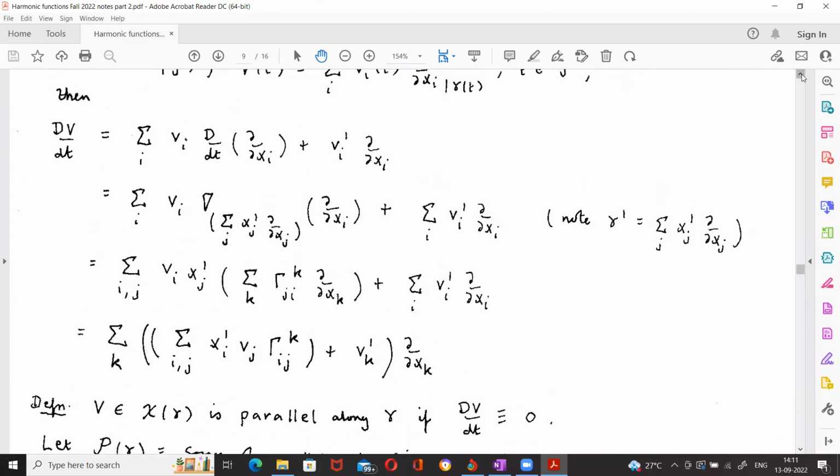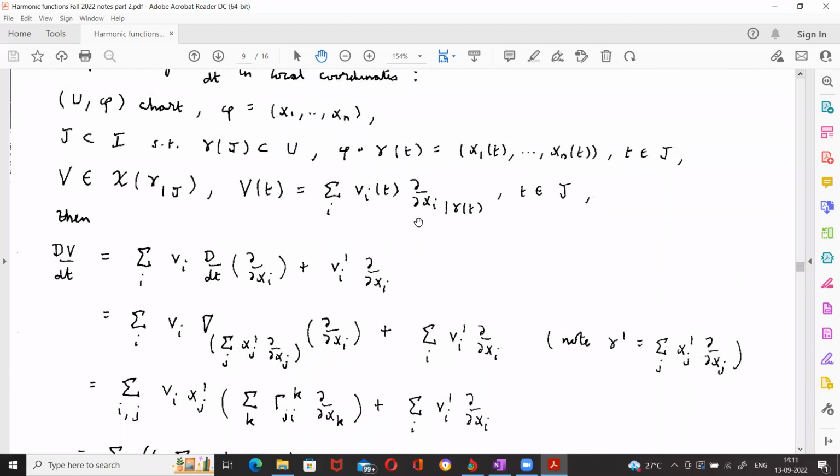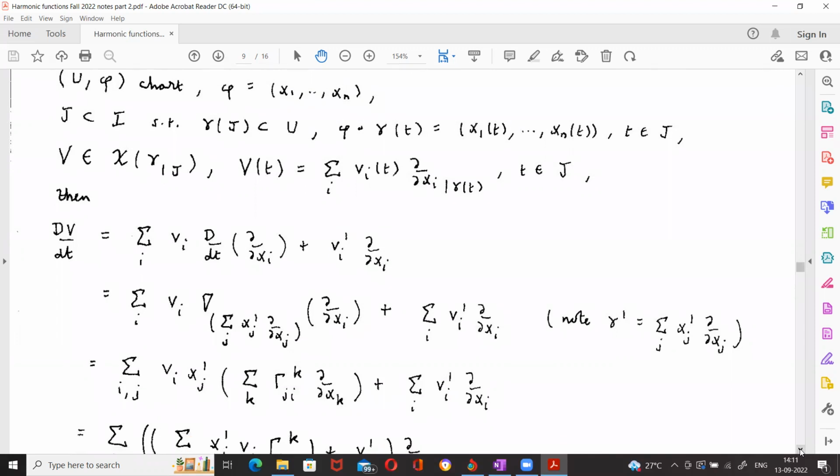And we saw that if you take a vector field V, which is say the summation of V^i ∂/∂x^i in local coordinates, where the V^i are functions of t, the parameter parameterizing the curve, then DV/dt will also be a linear combination of the ∂/∂x^i along the curve.